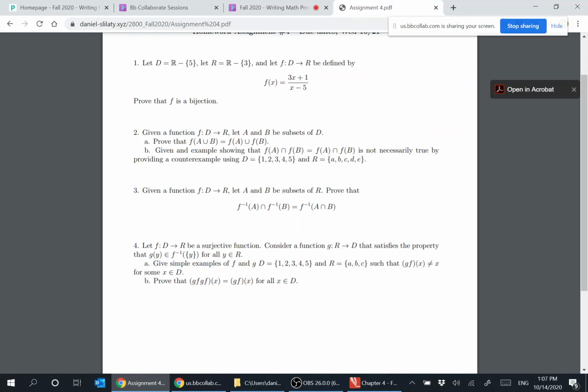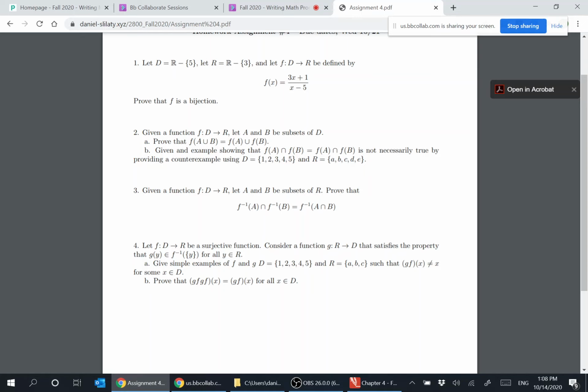Given a function f from D to R, A and B are subsets of the domain. Prove that f of A union B is f of A union f of B. The image of A union B is the image of A union the image of B. And then give an example. Sorry, that's a typo there.